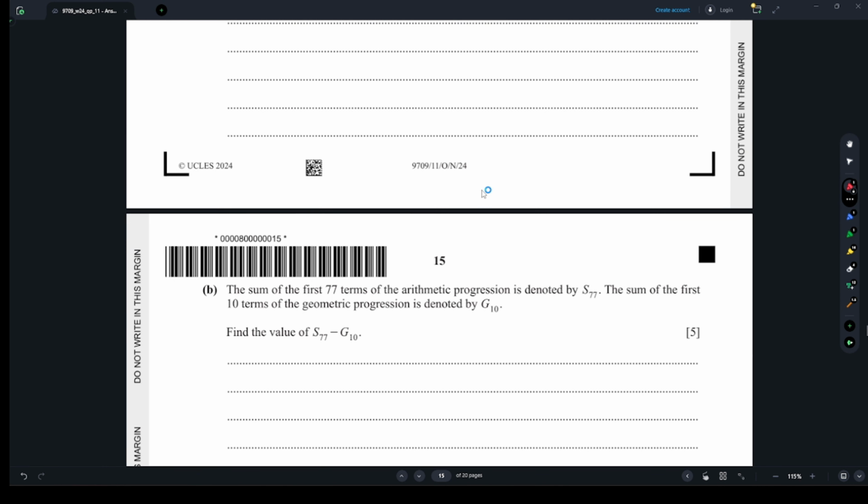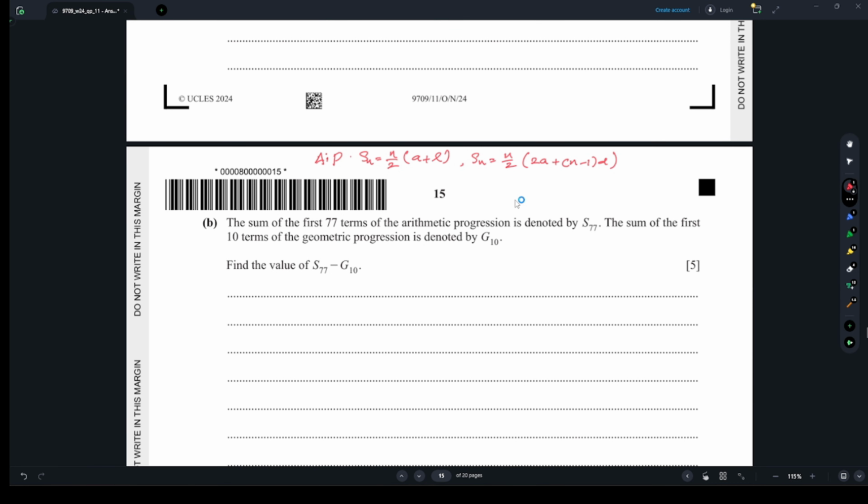So for the arithmetic progression, you have Sn, there are two equations: n over 2 times (a plus l), the first term and the last term; or Sn equals n over 2 times (2a plus (n minus 1) times d).